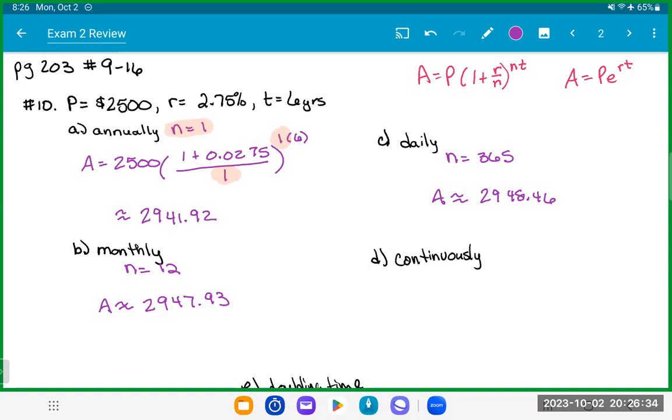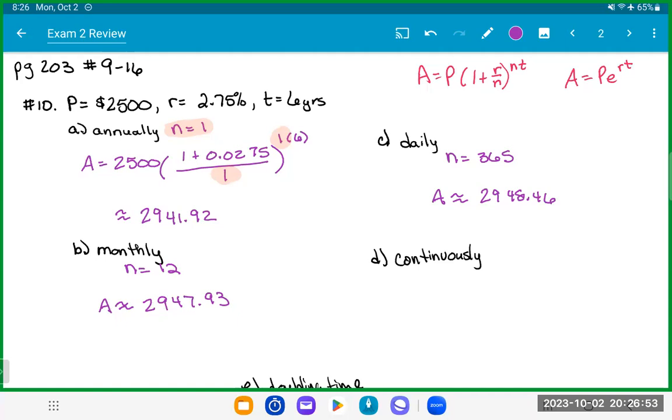Do you accumulate one time a year, 365 times a year, or 12 times a year? But you could also see quarterly, and remember, quarterly would be compounding 4 times a year.